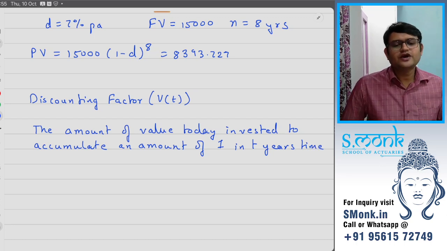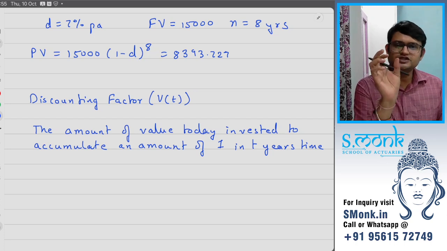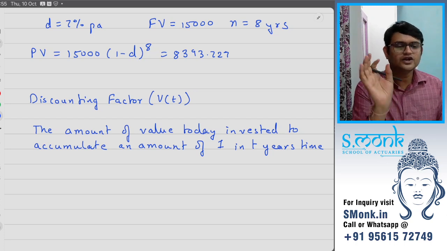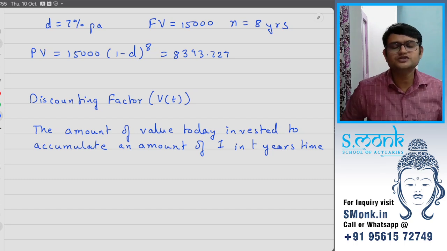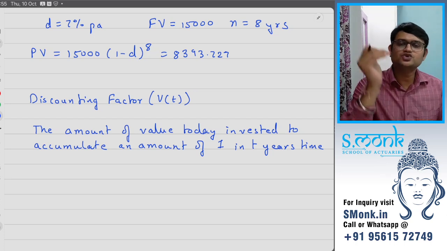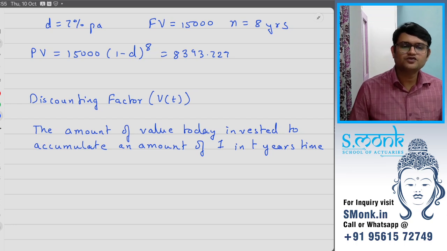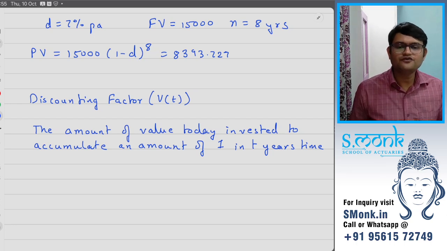So discounting factor is very similar to accumulation factor. That means it is just taking into account the factors and ignoring the amounts that we are talking about. You might say it is the factor by which the future value will decrease to give me the present value. But the definition would be: the amount of value today invested to accumulate an amount of 1 in t years time.